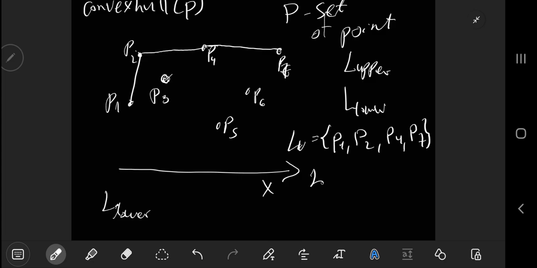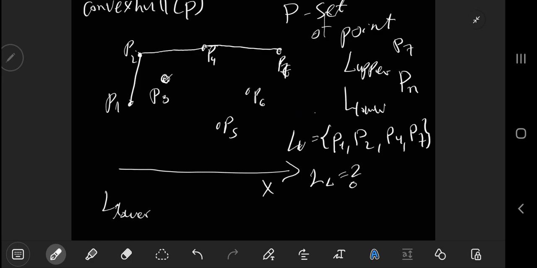Great. Now I need to get the L lower, and then we will unite those two L's and get all the points on the convex hull, and that is how we will build the convex hull. Now, how will I build the L lower? I will start with the last P, let's call it Pn for n points. In our case, it's P7 because we have 7 points.